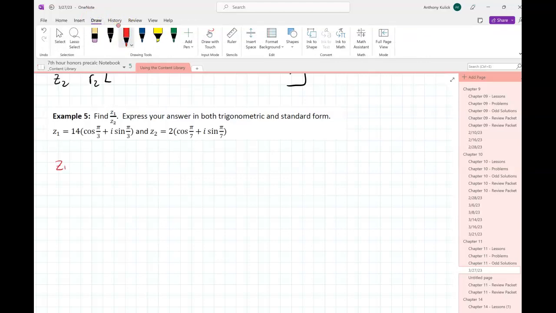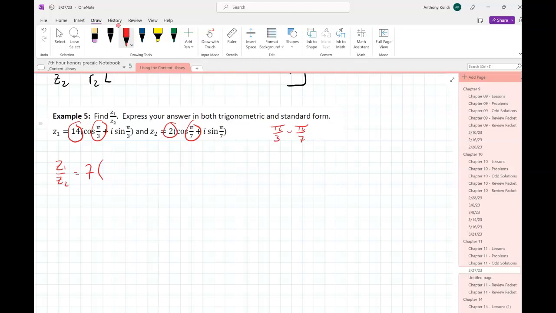So z1 divided by z2. I'm just going to divide the r's. And then I have to subtract the thetas. To subtract pi over 3 and pi over 7, what do I need? Great.